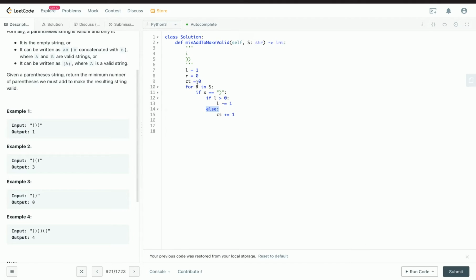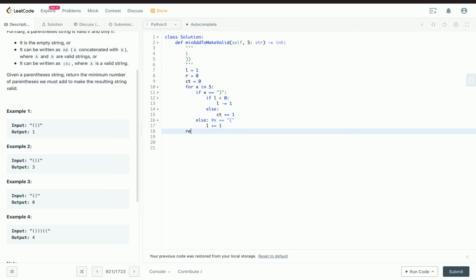So our output should, no matter what, increase by 1. Else, this means our symbol is a left parenthesis. If it's a left parenthesis, we just increase our left parenthesis count by 1.